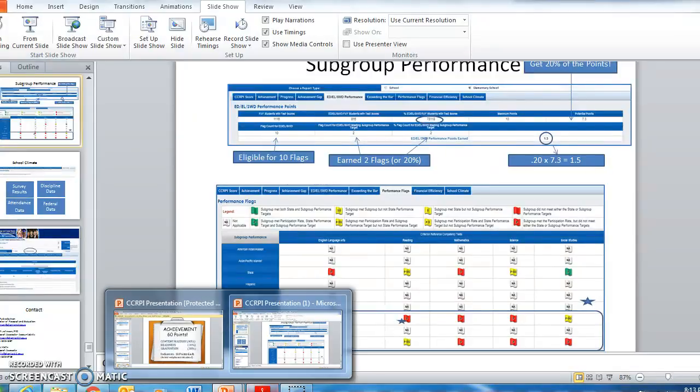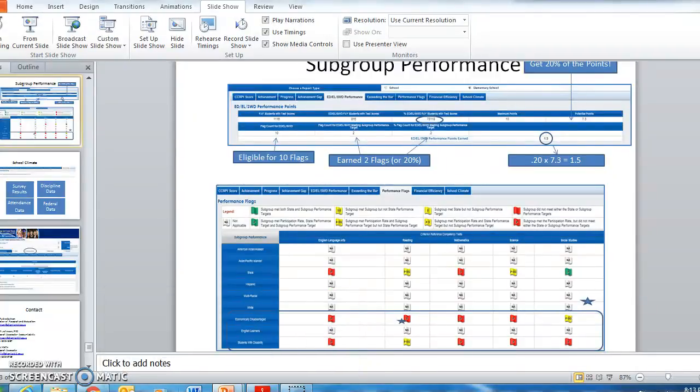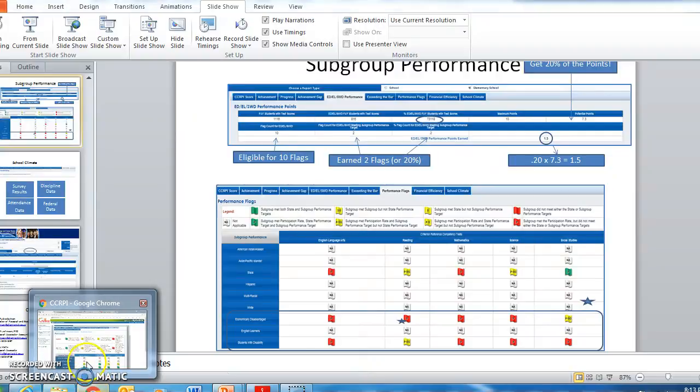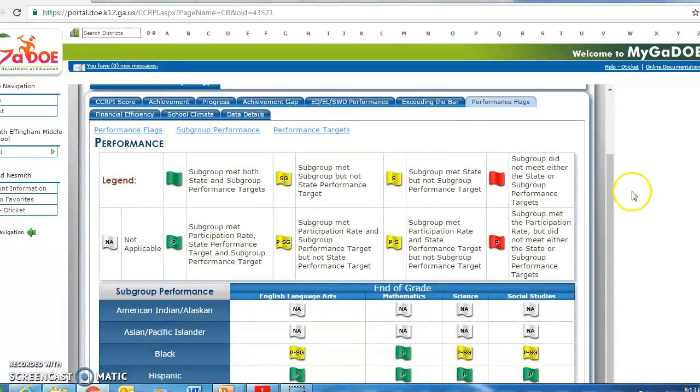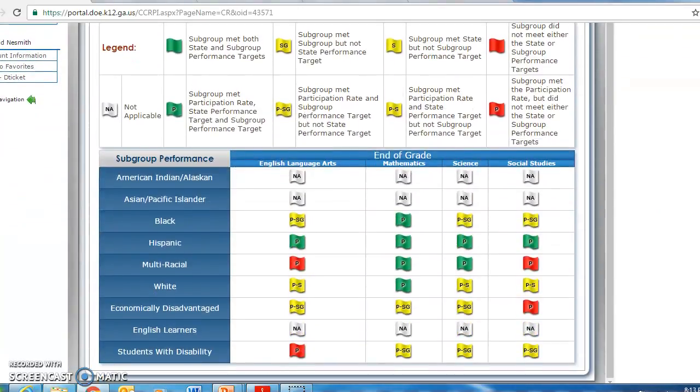But I did want to show you that there's a lot that goes into coming up with how we get the points for our English language learners and our students with disabilities and our economically disadvantaged. But those are areas, so for us, we need to work with our economically disadvantaged students in social studies and our students with disabilities in English language arts.